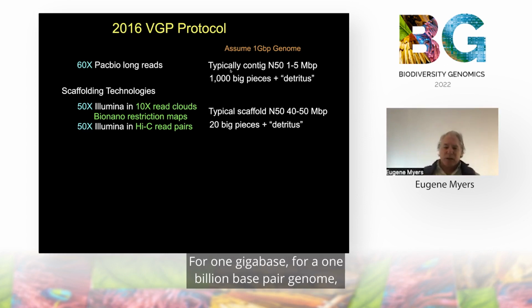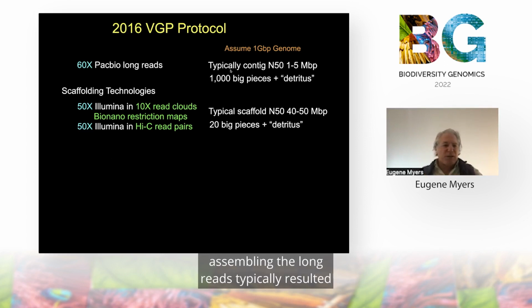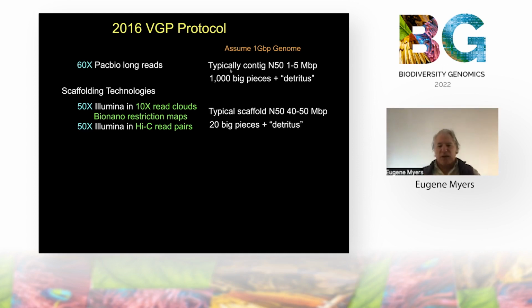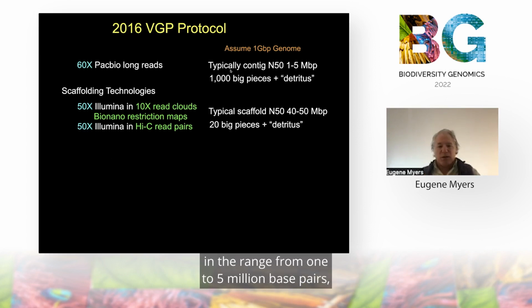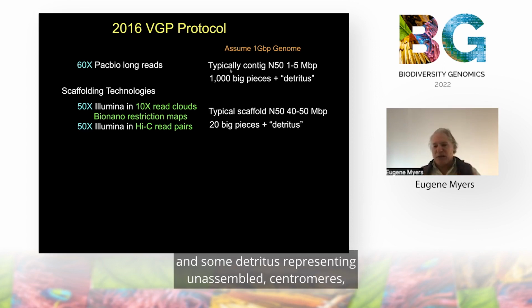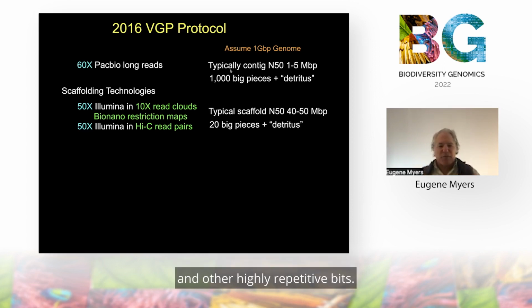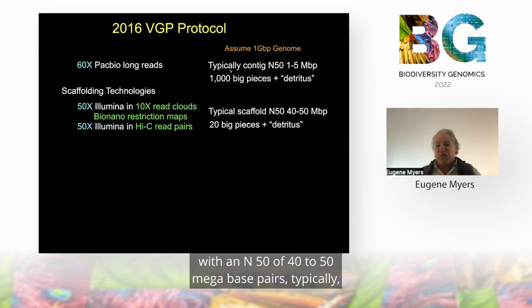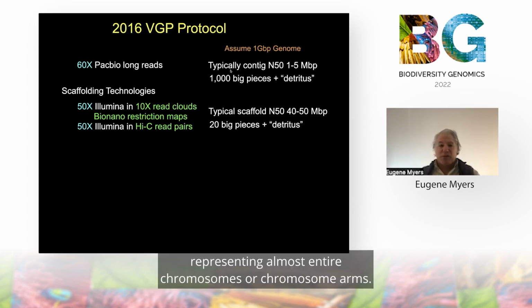For a one billion base pair genome, assembling the long reads typically resulted in about 1,000 large contigs with an N50 in the range from 1 to 5 million base pairs, and some detritus representing unassembled centromeres and other highly repetitive bits. Scaffolding then resulted in roughly 20 or so large scaffolds with an N50 of 40 to 50 megabase pairs typically, representing almost entire chromosomes or chromosome arms.